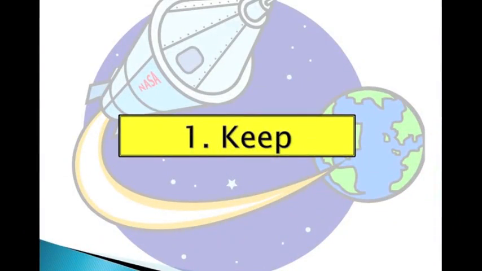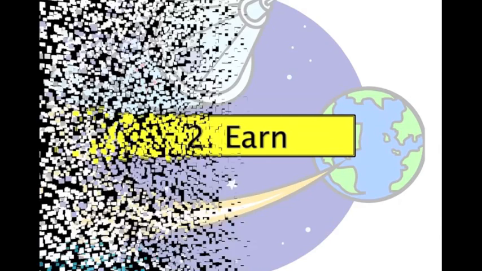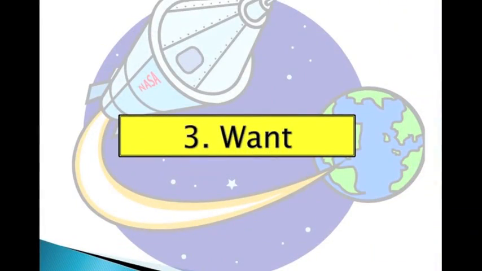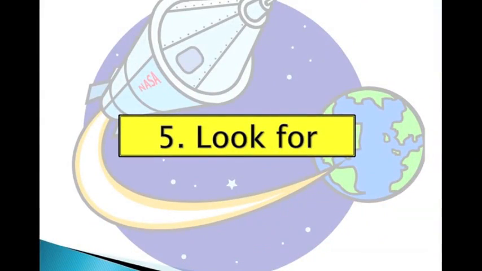The first word is keep. Number 2, earn. Number 3, want. Number 4, like. Number 5, look for.